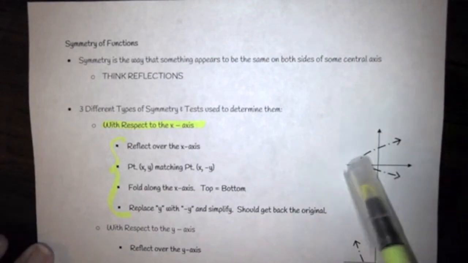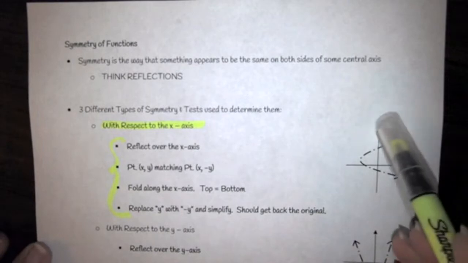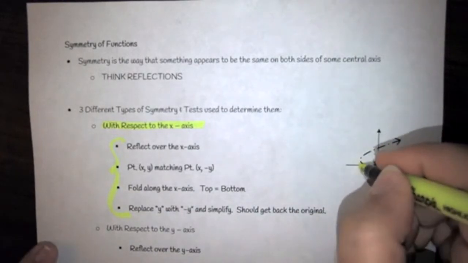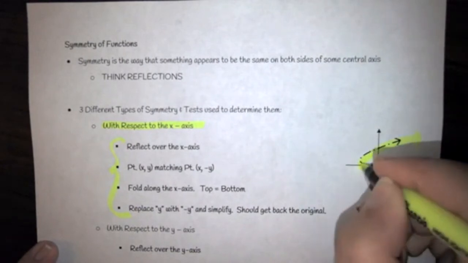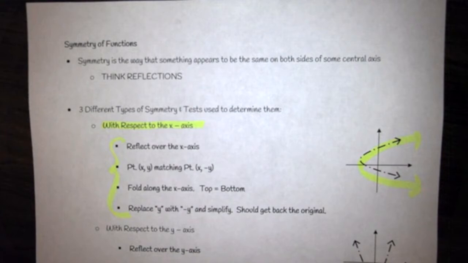Now obviously my graph picture over here kind of got off a little bit, but if you could imagine that this was sitting over your axis line, it would have been something like this, where you had your graph that went up in this direction and then down in this direction, and your axis is what cuts it in half. So you can think about if you are folding your paper along the x-axis, the top part of your graph has to match the bottom part of your graph.